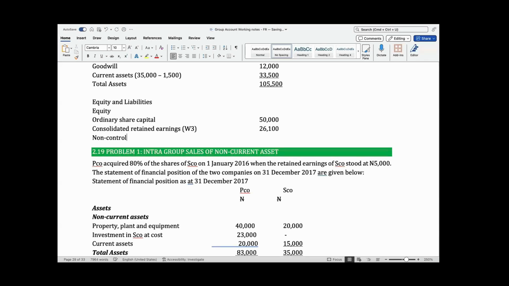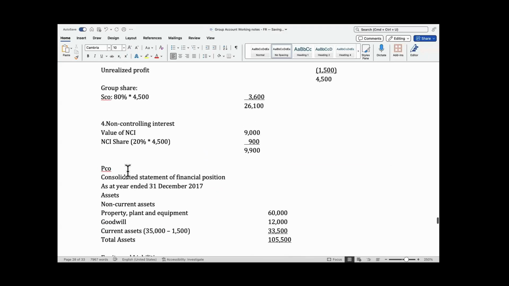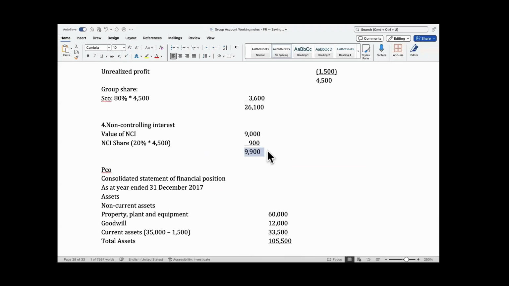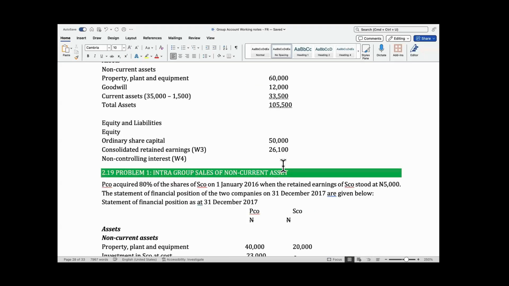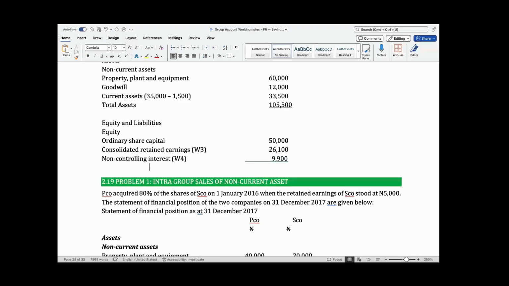Then non-controlling interests, which is workings 4, which is 9,009. Yeah, add these three together. How much?